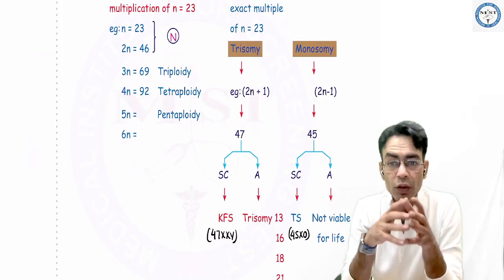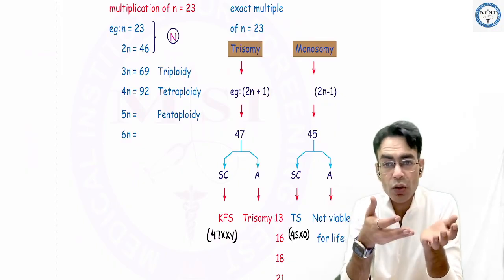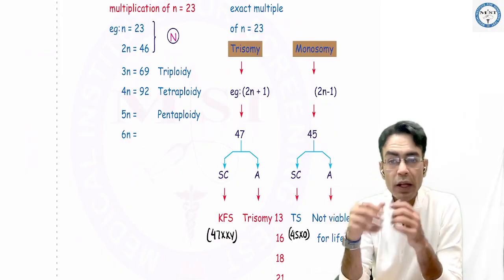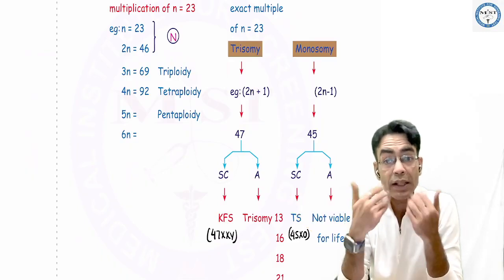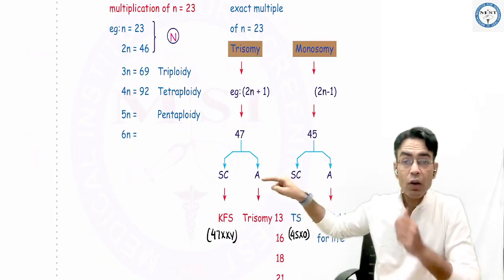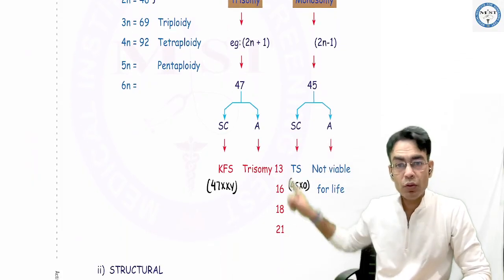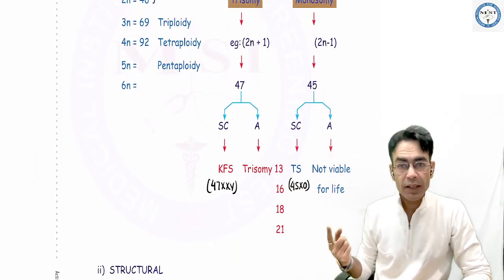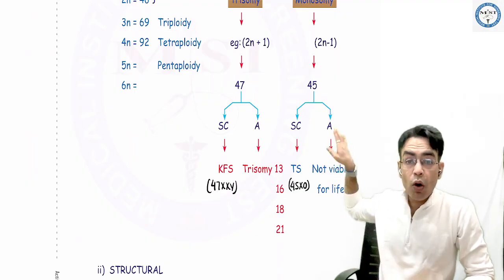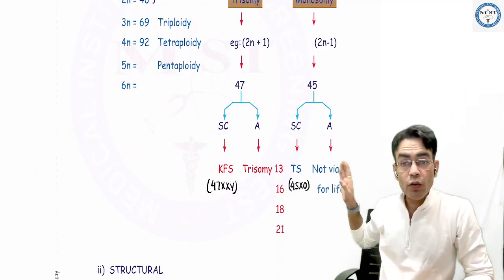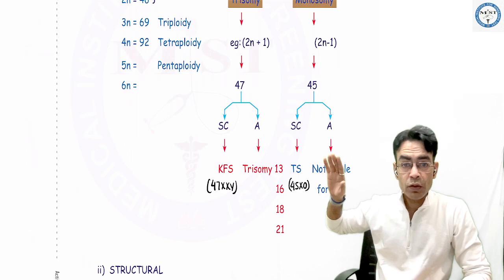That means the extra chromosome which is coming can be either an autosome or a sex chromosome. If it's a sex chromosome, then it is called Klinefelter syndrome, 47 XXY, the most common genotype. But if it's an autosome, we just write the number of the chromosome which is getting extra. Okay. Monosomy, just learn one thing: monosomy on an autosome is not viable for life. So monosomy can only occur on a sex chromosome.